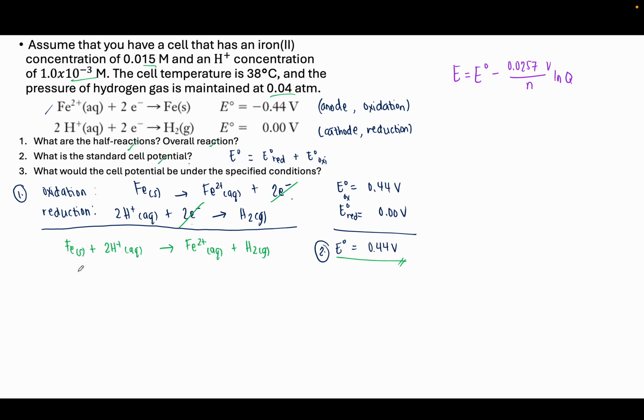So here we have to consider the states of each of the species, each reactant, each product. Looking at our equation, we can see iron. So this is A, this is B, and then this is C, D.